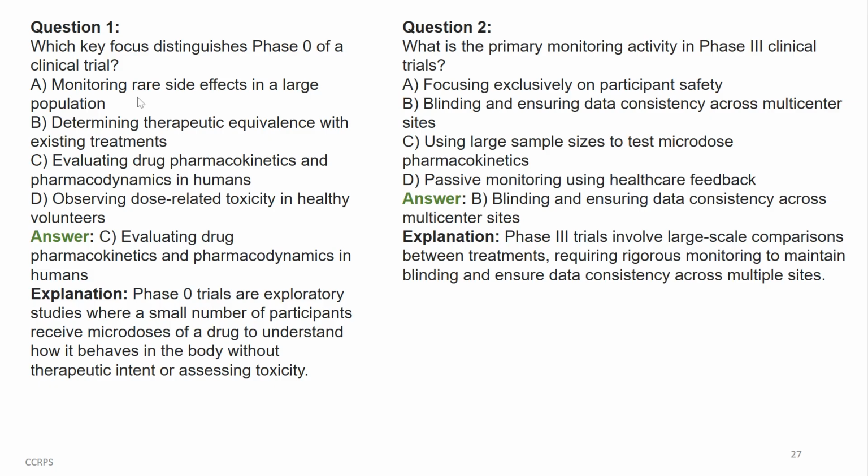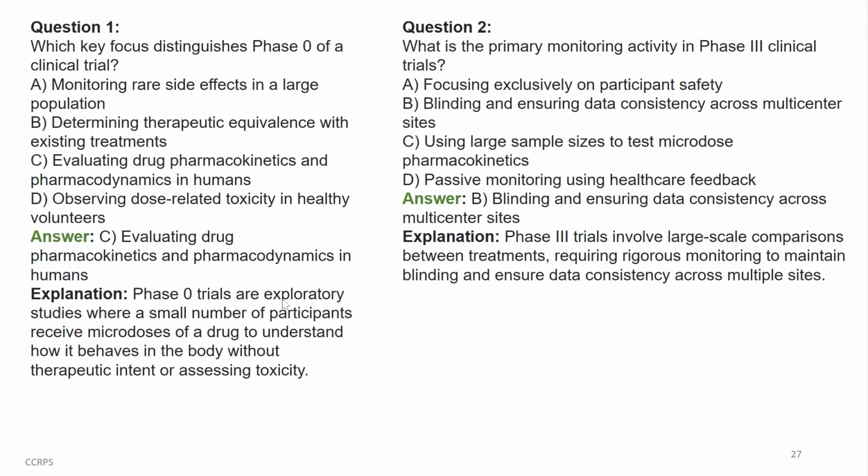So A is phase 4, B is phase 3, and D is phase 1. What's left is C, the pharmacokinetics and pharmacodynamics in humans through microdoses. C is phase 0.